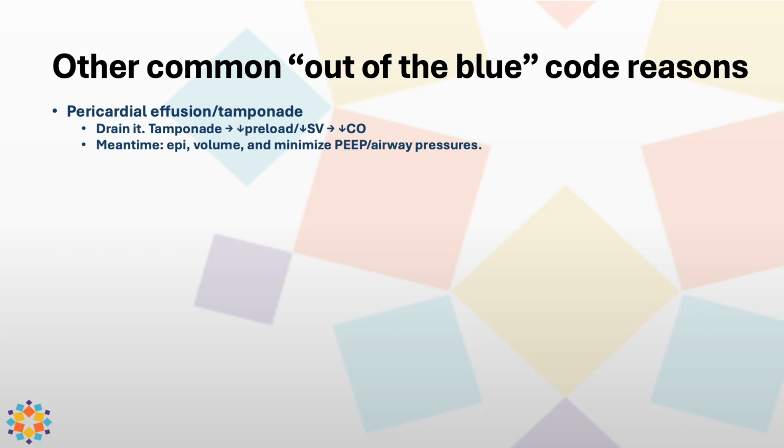When we look at Ohm's law, it's not an SVR problem, it's a cardiac output problem, because the stroke volume is insufficient because the heart can't fill. So no matter what we do, we can't really fix the underlying problem until we drain it. So the main goal is to get it drained as soon as possible, because tamponade, like this says on the first line, decreases preload, which decreases stroke volume, which decreases cardiac output.